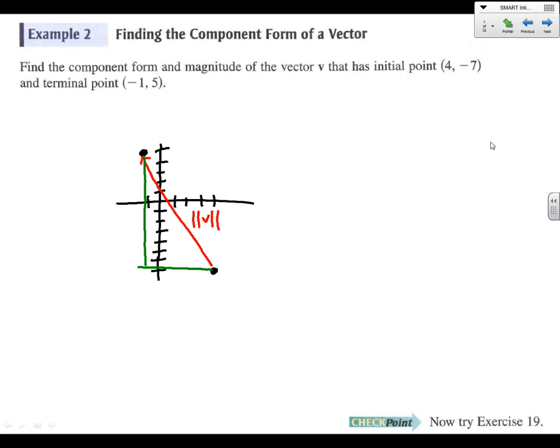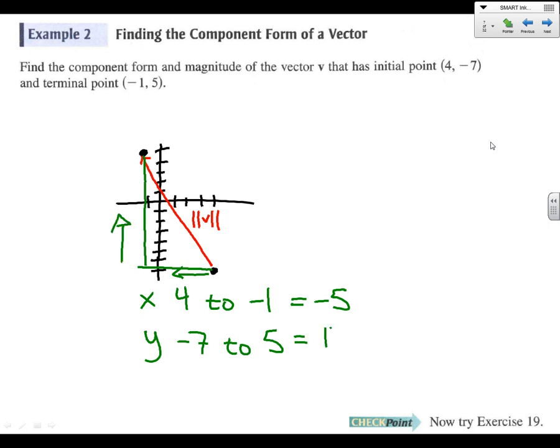The horizontal piece is we're going from 4 to -1, so we're going -5 in the horizontal direction, negative because we're going that way. This is the x value, the horizontal part. For the y, the vertical component, we're starting down here at -7, then going up to 5. That's a vertical increase of 12.